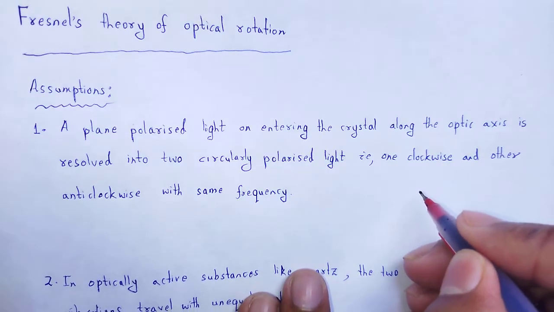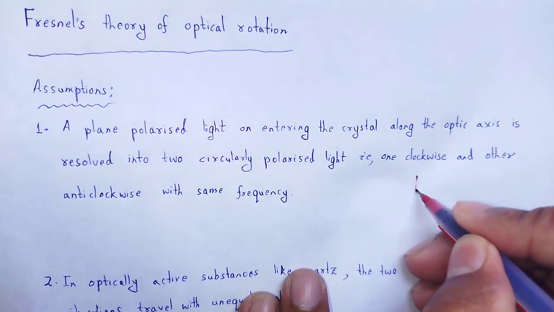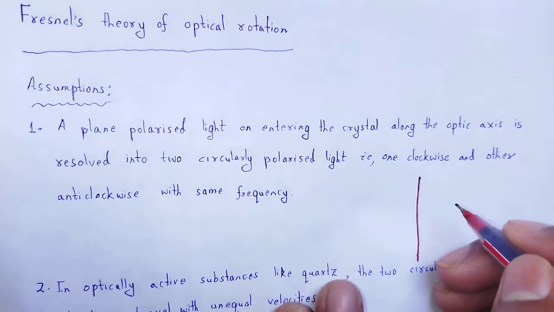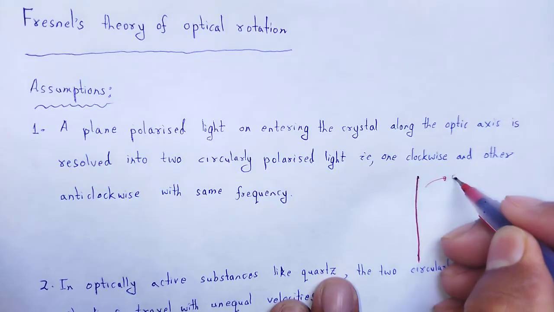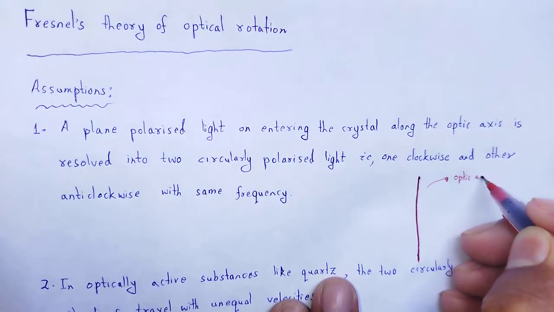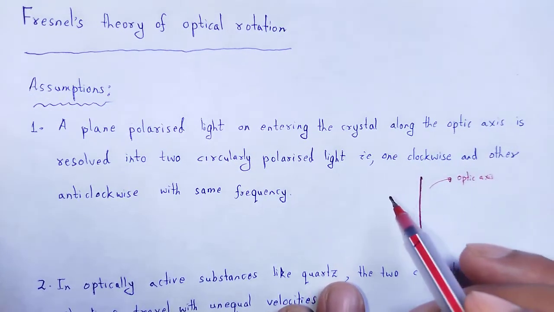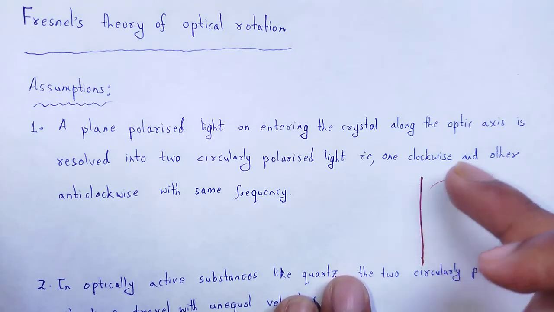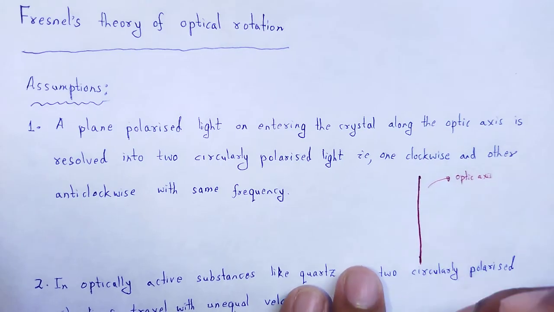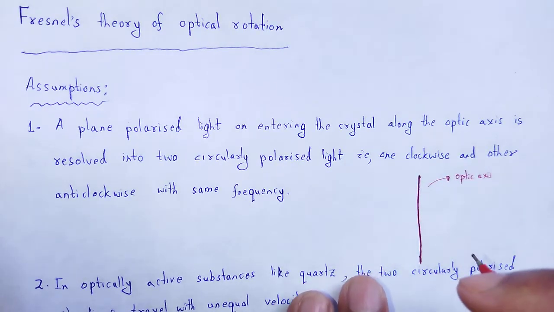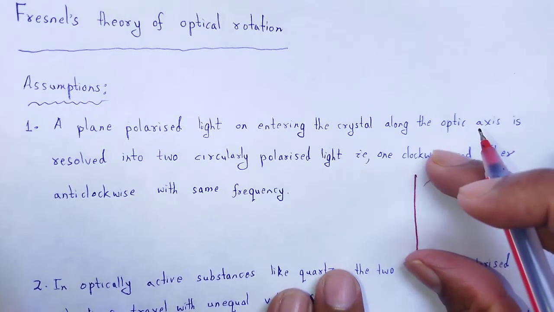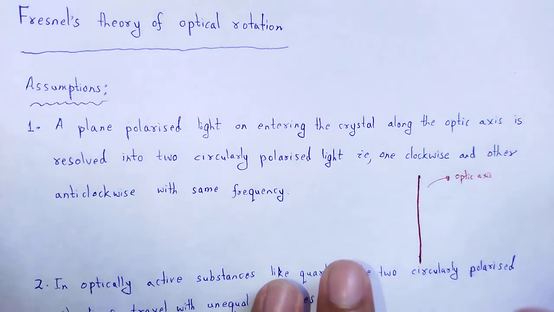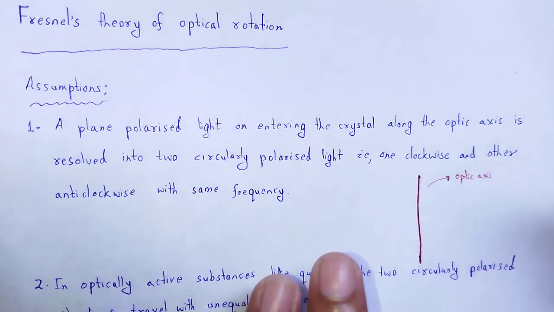Look here, this is the optic axis, and plane polarized light is incident on the crystal along the optic axis. Then what happens? Inside the crystal, it is resolved into two components, and the two components are circularly polarized.